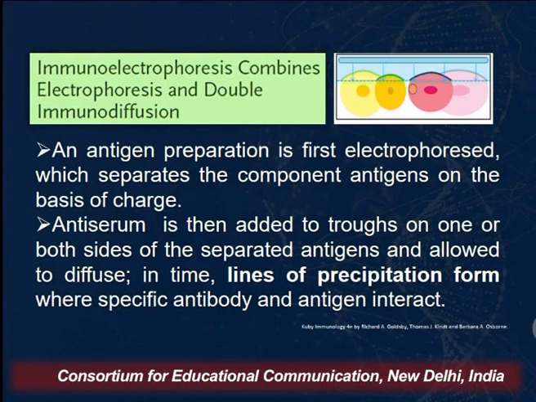We know the process called electrophoresis, in which the antigens, based on their charge, diffuse to various portions in the well. We will discuss this method in the next part of the lecture.